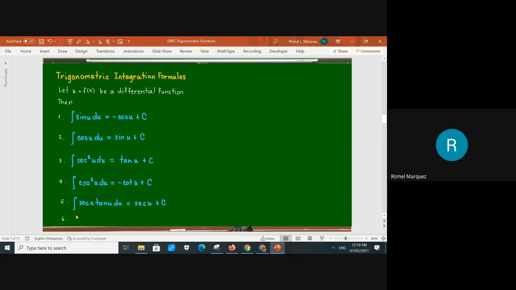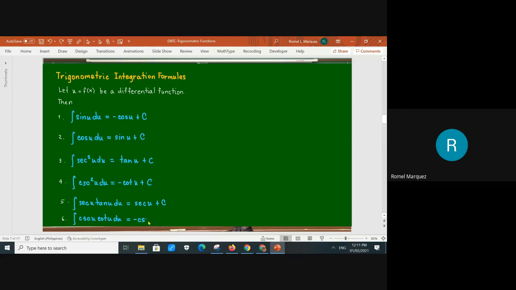And then finally, we have the integral of cosecant u cotangent u du. As long as the differential of the argument of cosecant and cotangent, which are actually the same, is present, the integral is negative cosecant u.